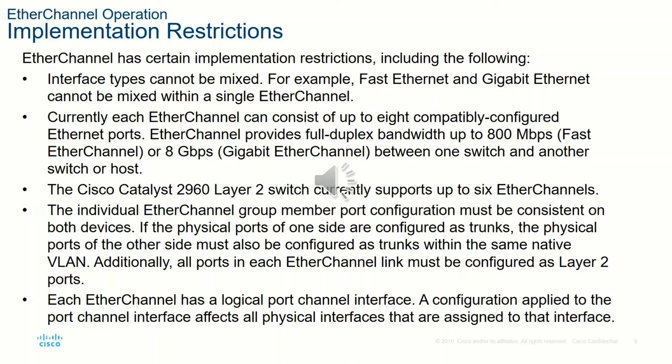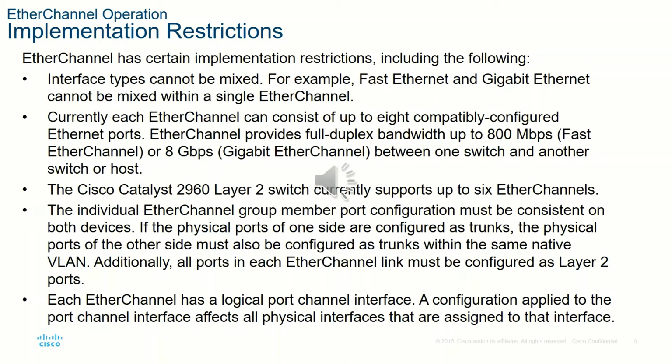The individual EtherChannel group members' port configuration must be consistent, or the same, on both devices. Say for example, if the physical ports of one side are configured as trunks, then the physical ports of the other side must also be configured as trunks within the same native VLAN.